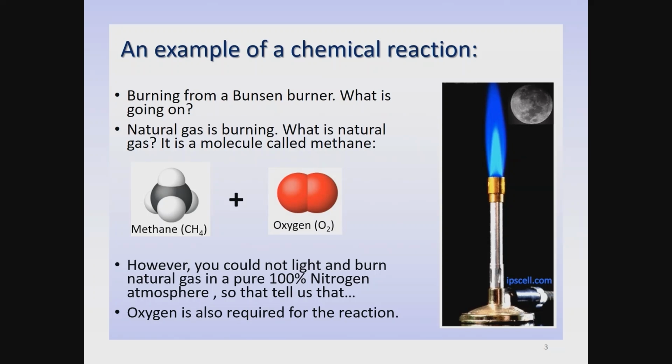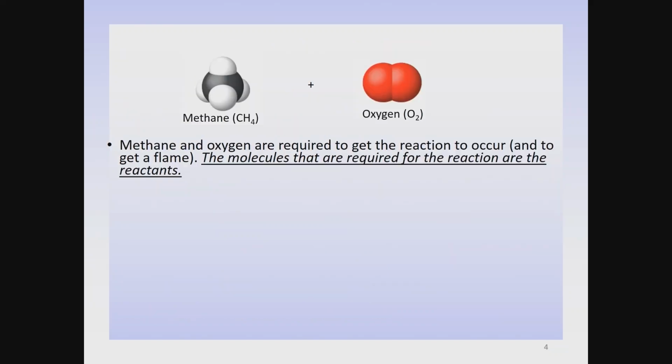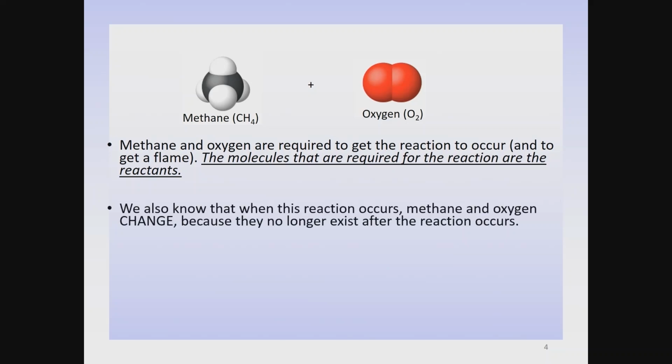However, when the oxygen meets with the methane and there's something to start the reaction, like a little bit of flame, they will completely react. And when they completely react, they're gone. They completely disappear. Those things that disappear in the reaction are said to be the reactants.